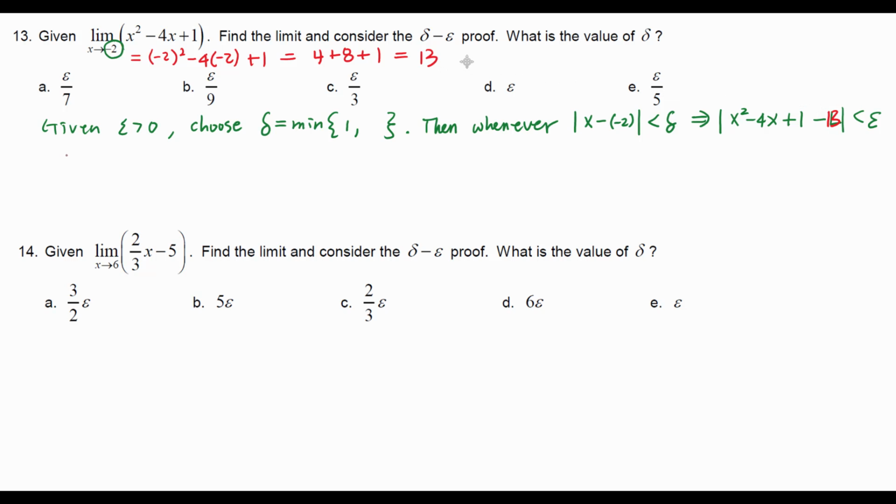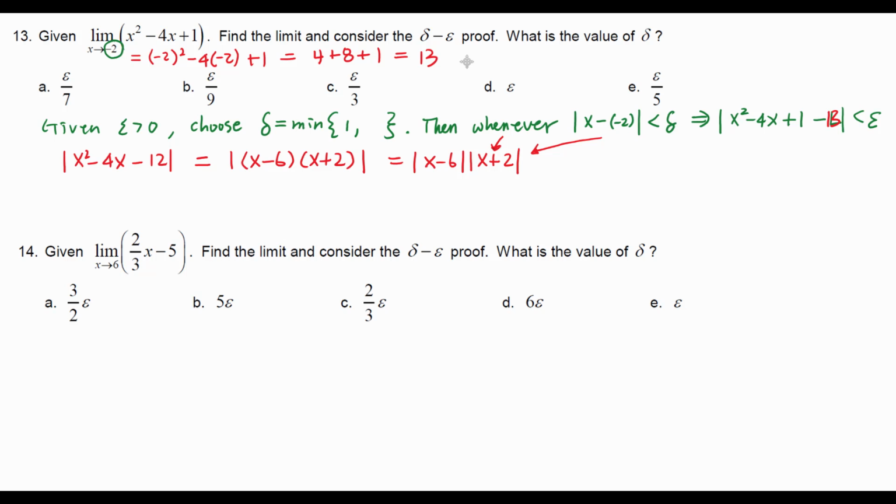So now we have the absolute value of x squared minus 4x plus 1 minus 13, which is negative 12, which is equal to, it factors as x minus 6 times x plus 2, and that's equal to the absolute value of x minus 6 times the absolute value of x plus 2. And you notice the absolute value of x plus 2 is this, since it's x minus negative 2, less than delta.